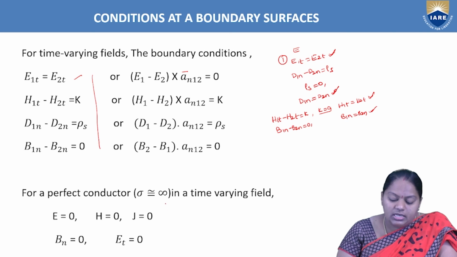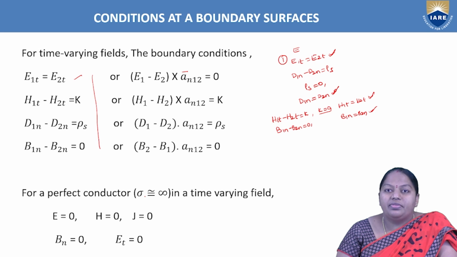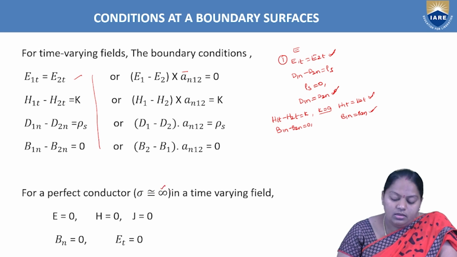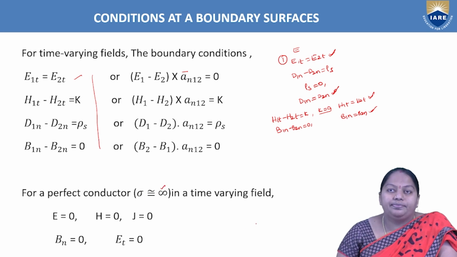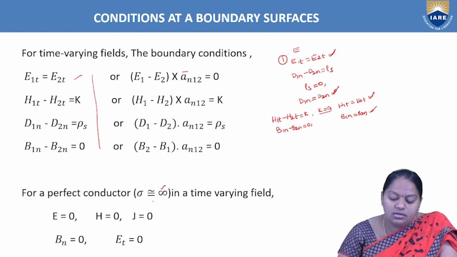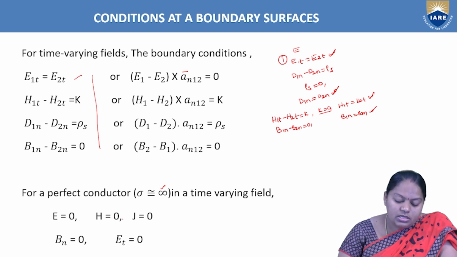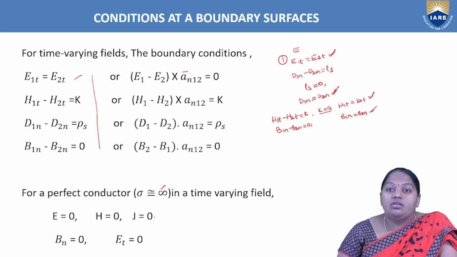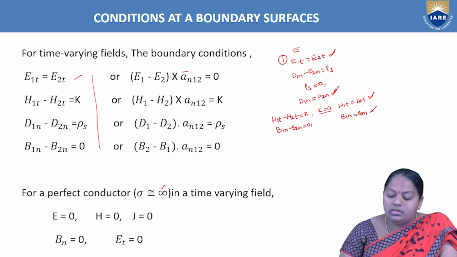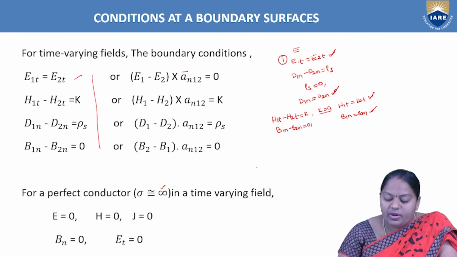Now for a perfect conductor, according to the ideal definition, sigma is equal to infinity in time varying fields. Then E equal to 0, H equal to 0, and J equal to 0. Why is E equal to 0? For a perfect conductor, sigma equal to infinity.